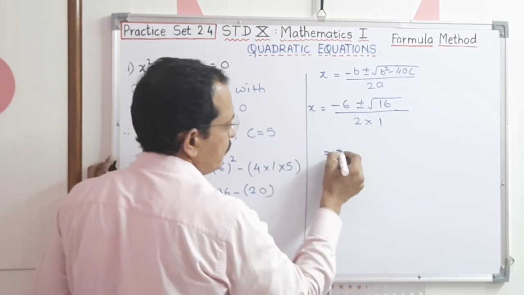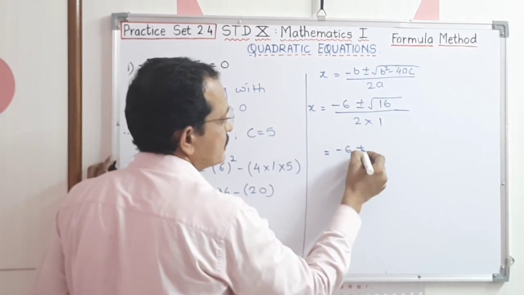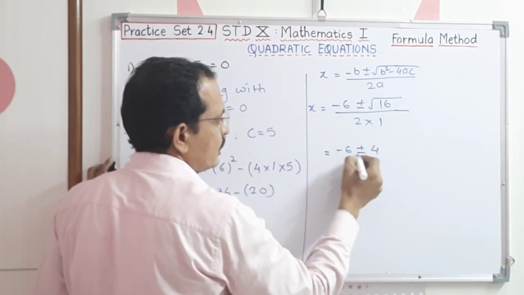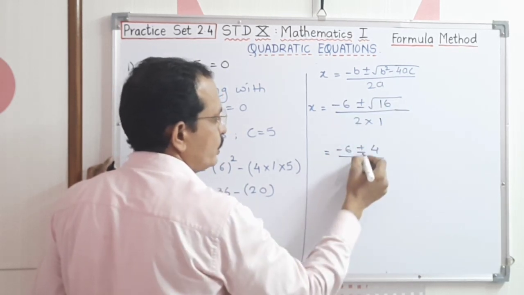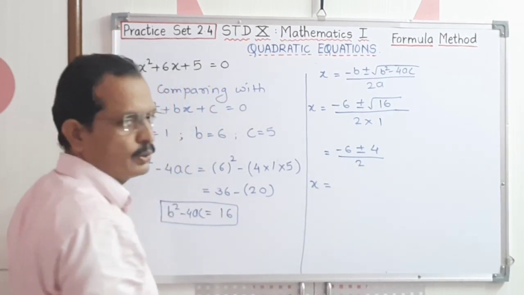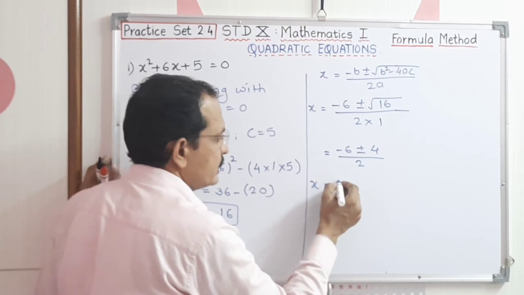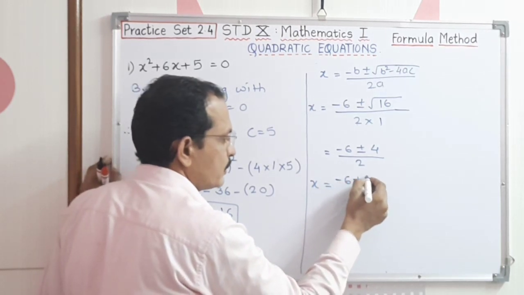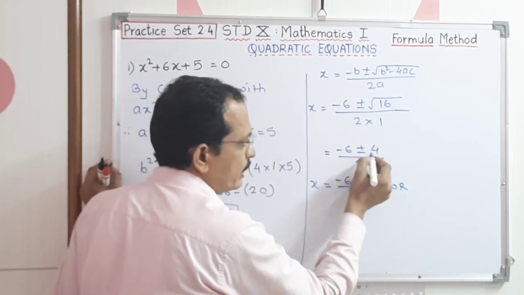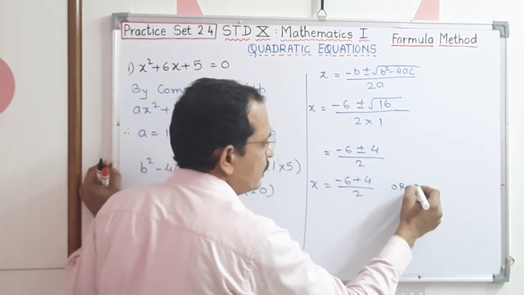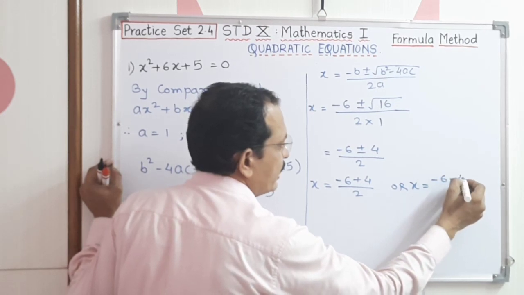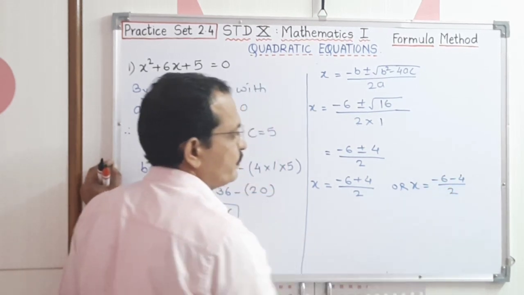Therefore we get here minus 6 plus minus square root of 16 is 4 and divided by 2 into 1 it is 2, therefore we get here x is equal to minus 6 plus 4 upon 2, or we take plus 4, now we have to take minus 4, x is equal to minus 6 minus 4 upon 2.